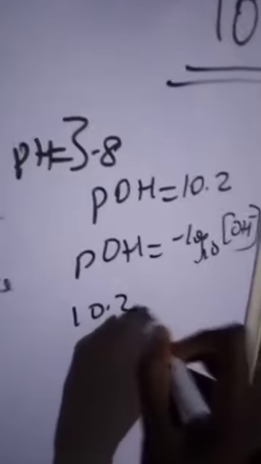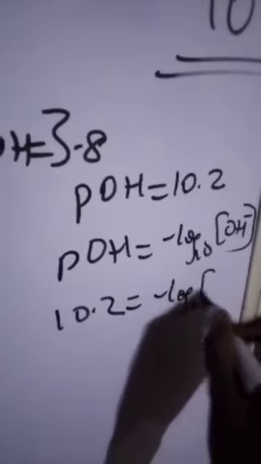You are looking for your OH minus. pOH is 10.2. What will give you 10.2? What's the next possible number? 10 to the power minus 11. 11 minus 10.2 is 0.8, which gives 6. So that's 6 times 10 to the power minus 11. It's as simple as that.